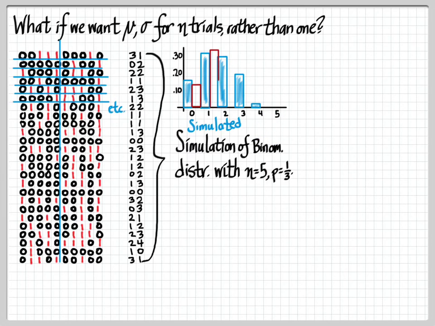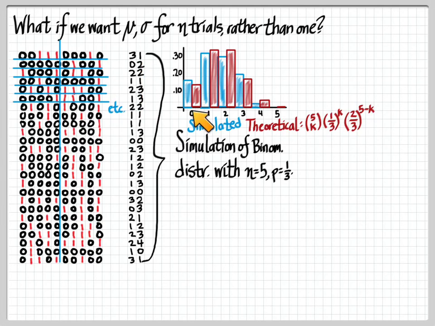If I compare that to the theoretical binomial distribution coming from the formula that we had on the first slide that computes binomial probabilities, we see that it's a pretty good match, even though this trial's only got 50 values on it. We've got a few more zeros than we would expect, and a few fewer ones or twos than we would expect, but it's pretty good when we compare the theoretical to the simulated probabilities.